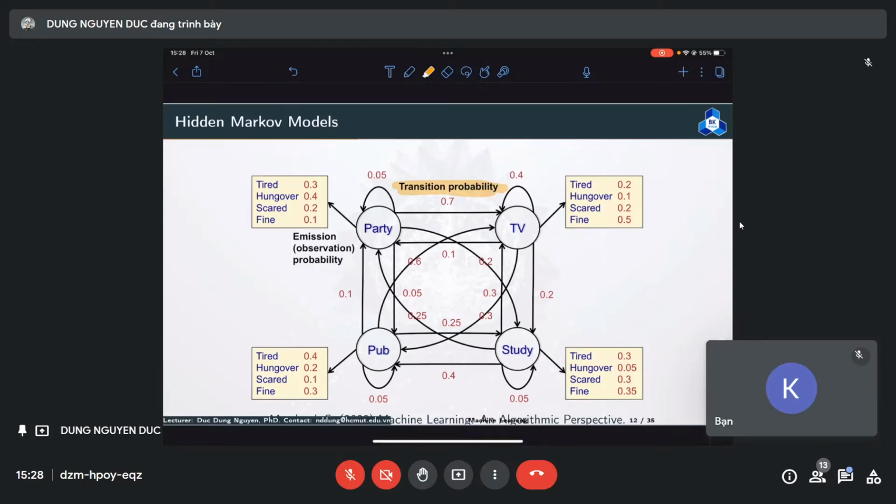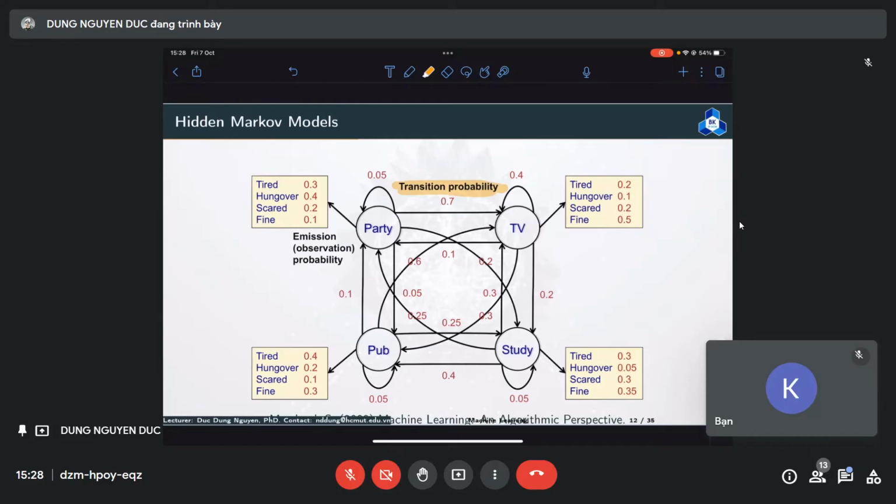For example, here you have the topology of the network. And from this network, what you have is that, okay, if last night you went to a party, the chance of the next day you watching TV is 70%, and the chance that today you are going to another party is very low, only 5%. The chance of you going to a party and then today you study is 20%.